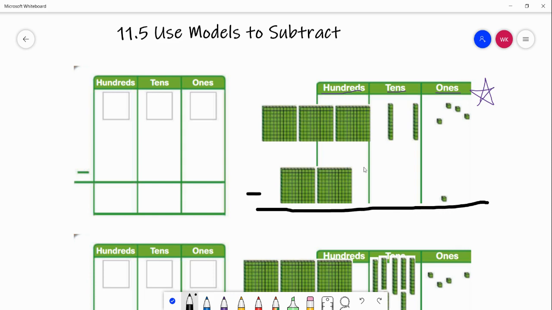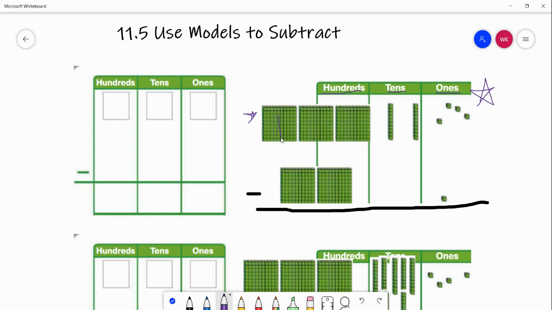We are going to be subtracting using our base 10 blocks. As you can see, this first number is called a minuend. The first number in a subtraction problem is called a minuend.